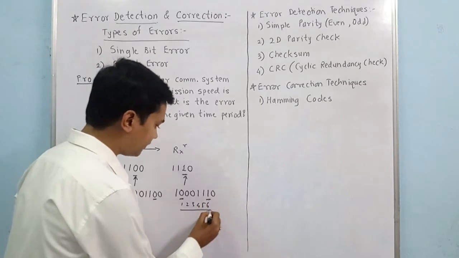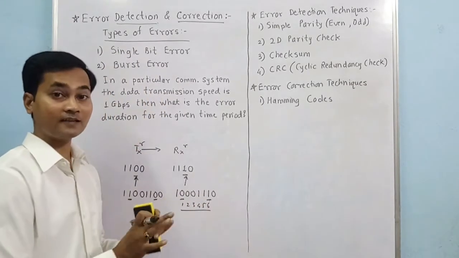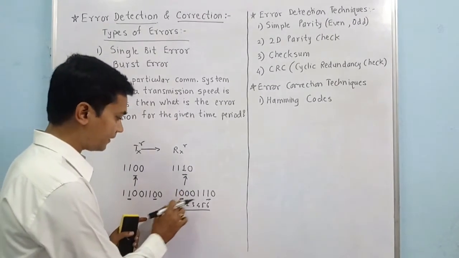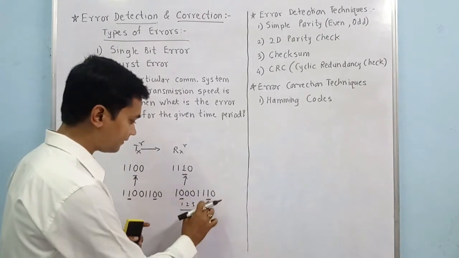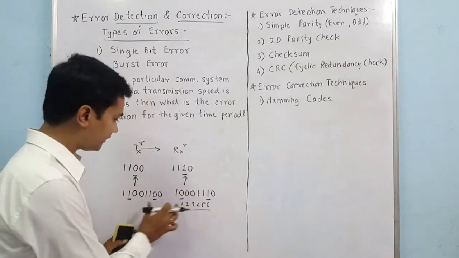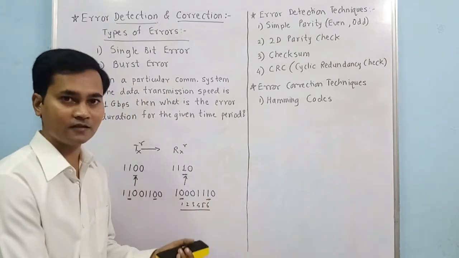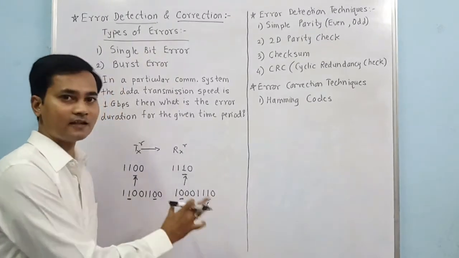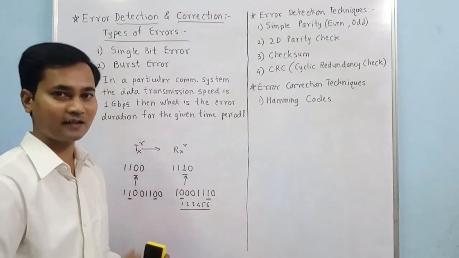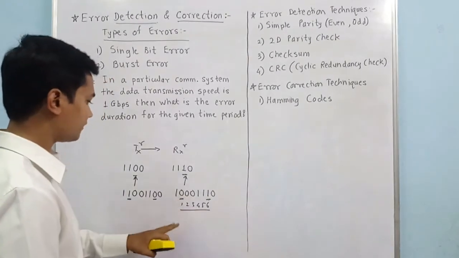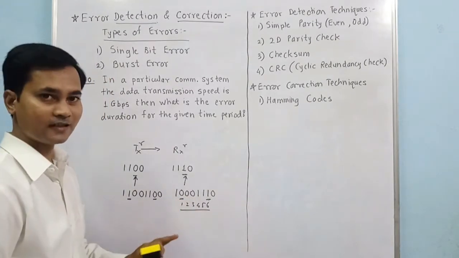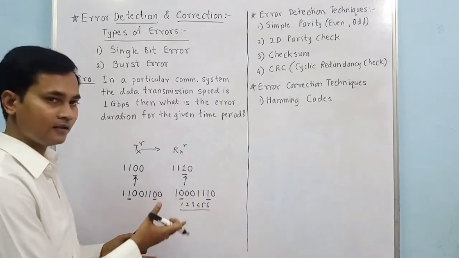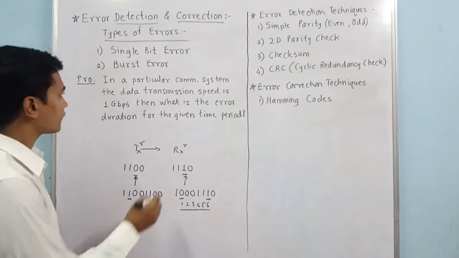So a total of 6 bits are affected, because the first bit and the 6th bit are changed, so the meaning of this 6-bit data will be changed, and that's why we say this is a 6-bit error. It is called burst error. Actually only 2 bits are changed, but we can say this is a 6-bit error.